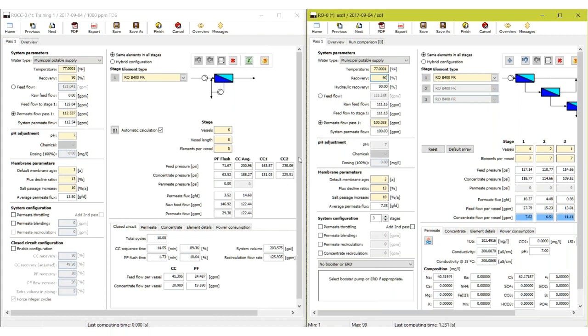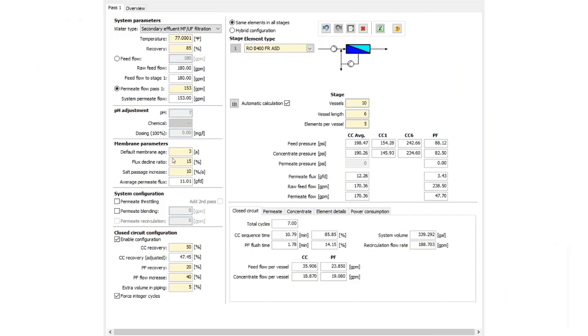Here's a screenshot of CCRO on the left, and then the traditional design. So essentially, if you're familiar with the program, they're essentially identical with a few tweaks that we'll get into.